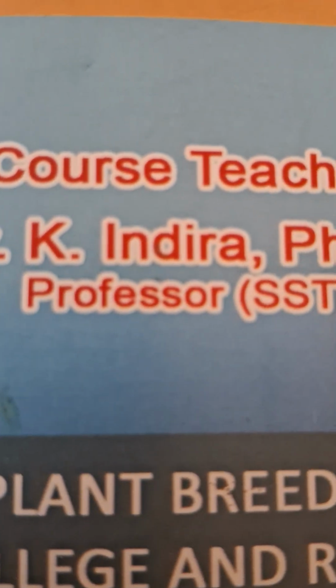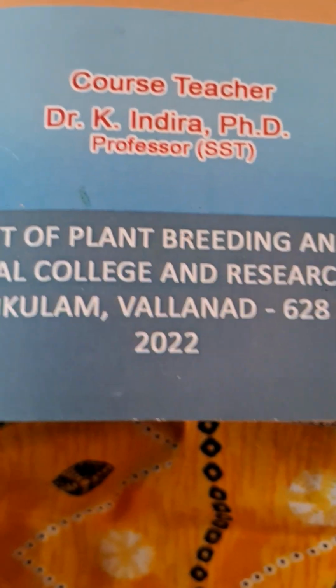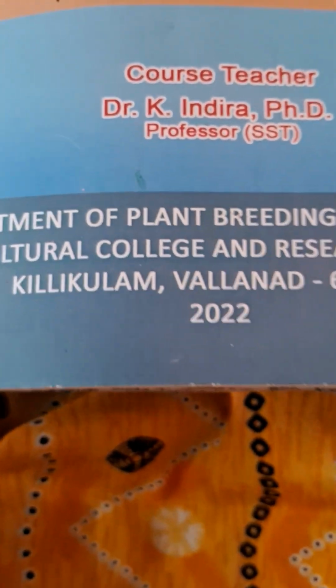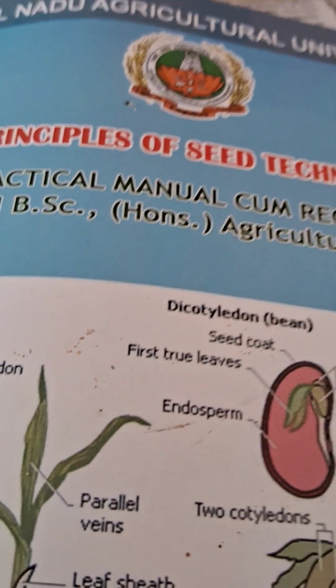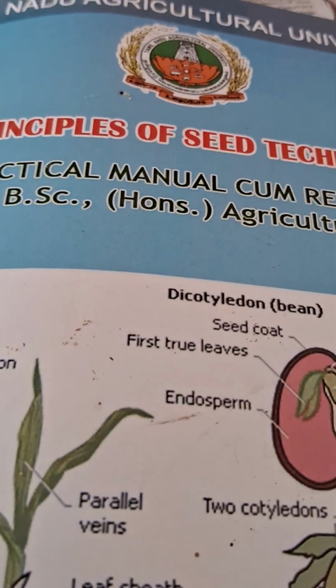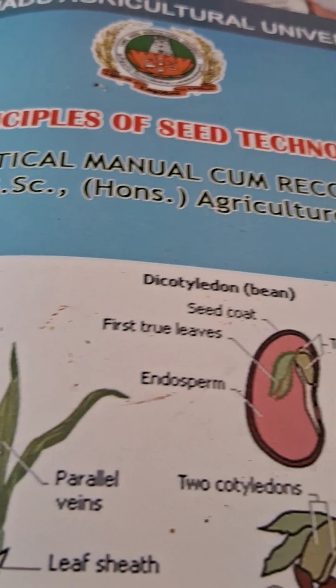What is the next important difference? The next important difference is regarding the container. For grain, you can use any type of container, for example gunny bags or cloth bags.